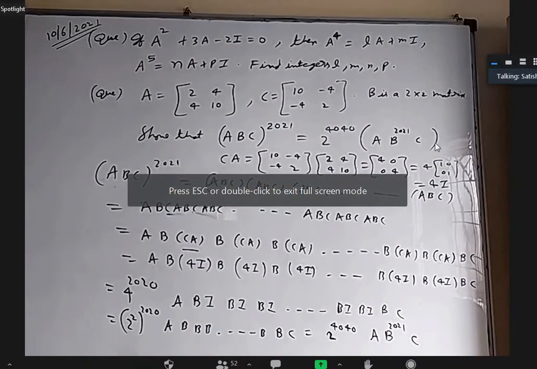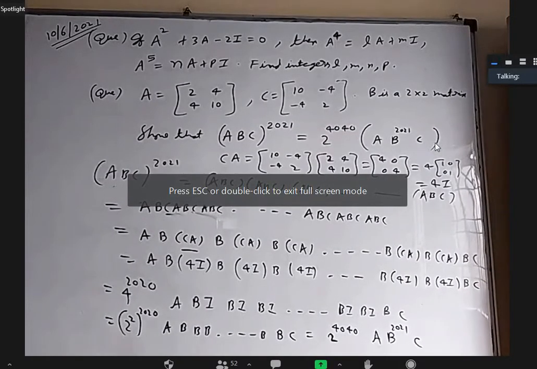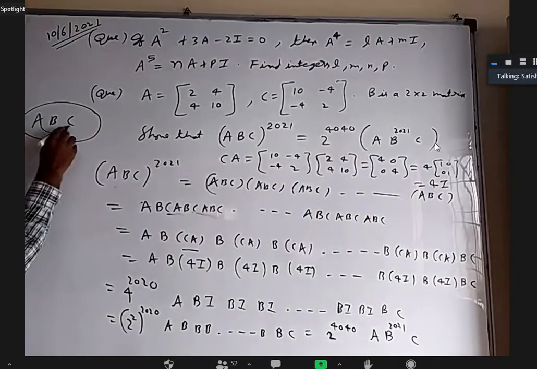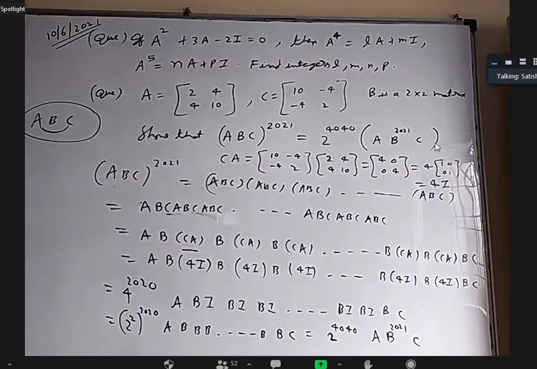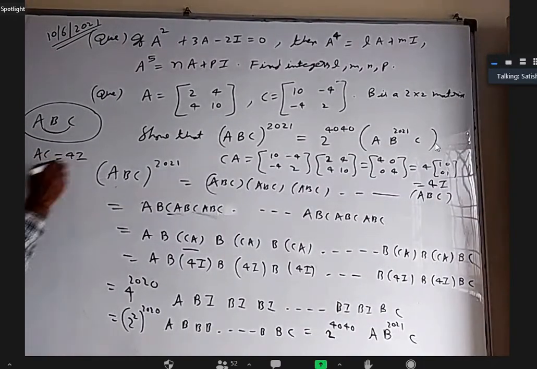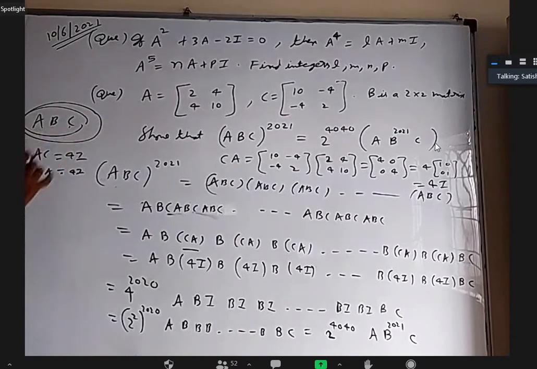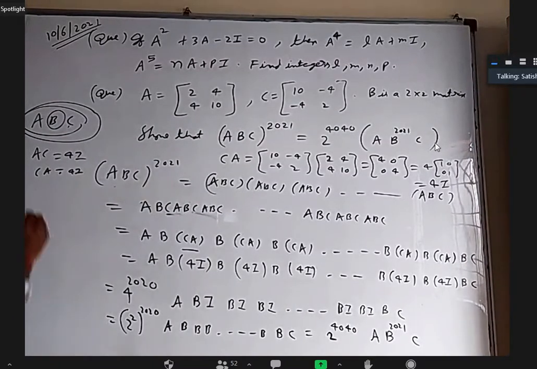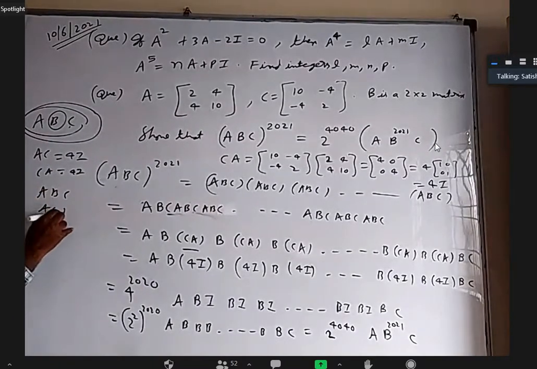Even though it looks like we got the answer, see, when you multiply A into B into C, can you multiply this A and C directly? No, right? No, sir. Yeah. So even though you proved AC is 4i correct, CA equal to 4i correct, within ABC we will not be able to use it because in between B's there you cannot change the order because we don't have any commutative law. ABC is not same as ACB or not same as BAC.